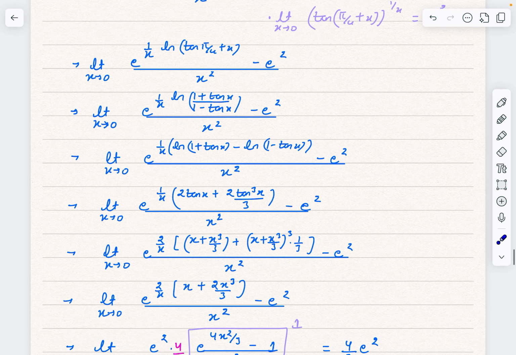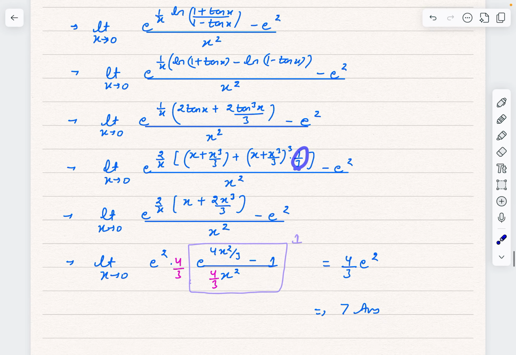After simplification, this thing will be the same only. You get e to the power 2 by x, 2 tan x plus 2 tan cube x by 3, minus e square by x square. Now 2 will be outside and we can expand tan x here now. x plus x cube by 3, whole cube into 1 by 3 outside as it is.